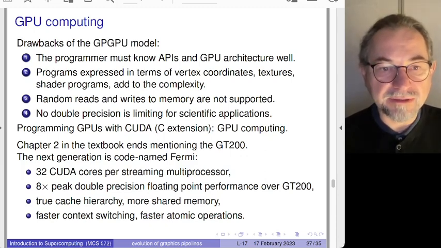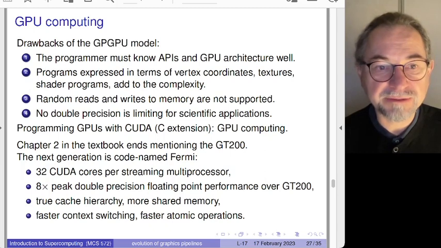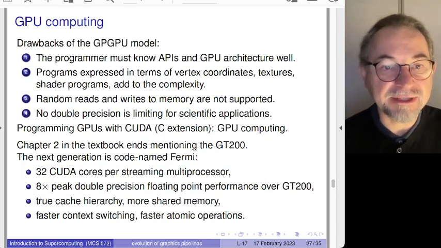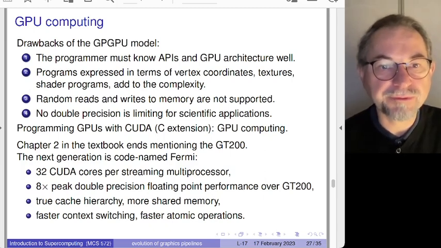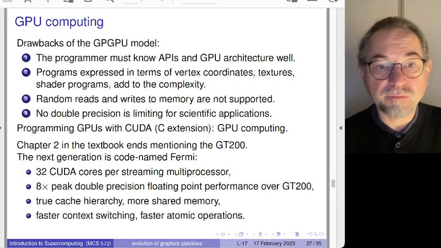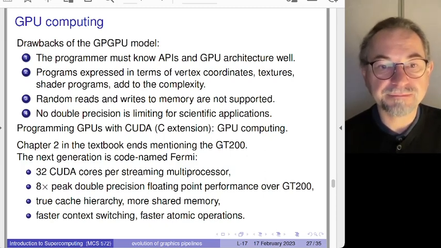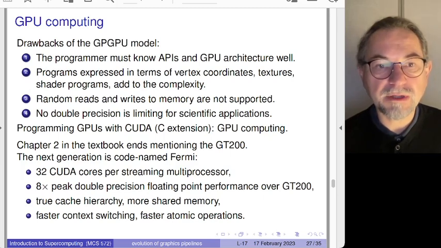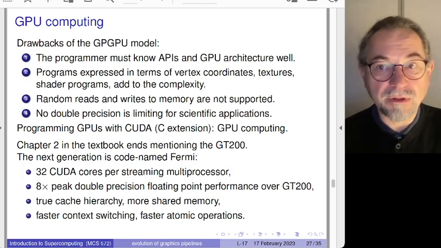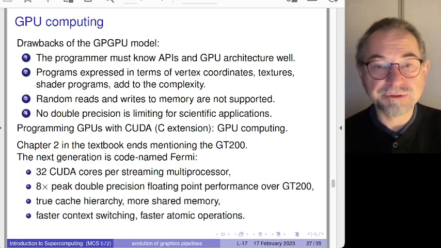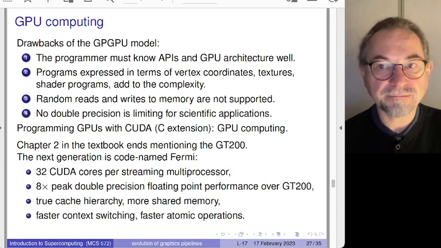At the time when the first edition of the textbook appeared, this was 2010, the next generation shortly before 2010 was called Fermi. You see that then already there were 64-bit double precision floating point processors, with a lot of accommodations and adjustments made for scientific computing.